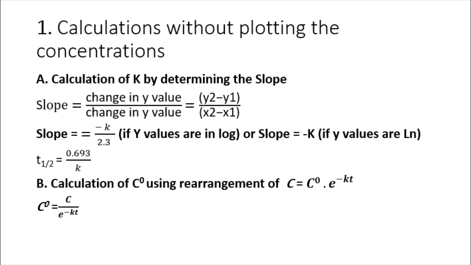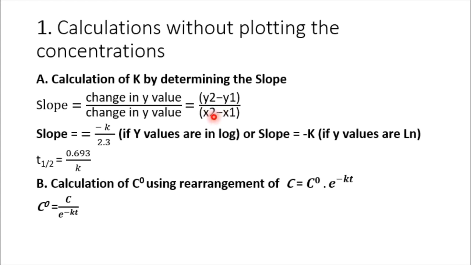In case we do not want to calculate the elimination rate constant and the volume of distribution by the plotting technique, we can just use the slope technique in order to calculate the elimination rate constant. In this case, the slope, as you know, equals the change in the values of the y-axis over the change in the values of the x-axis, which means y2 minus y1 over x2 minus x1.